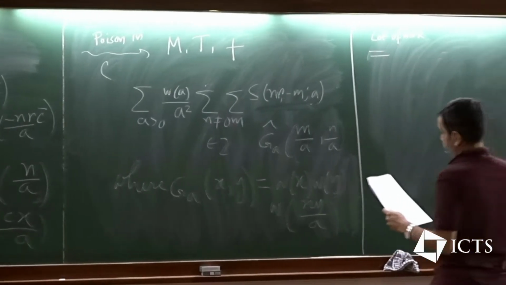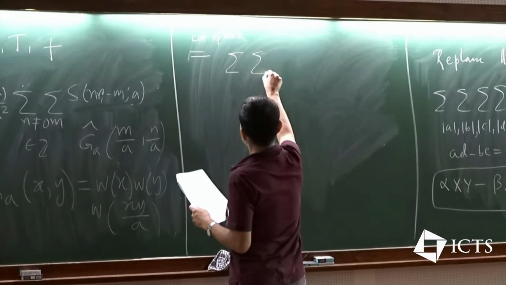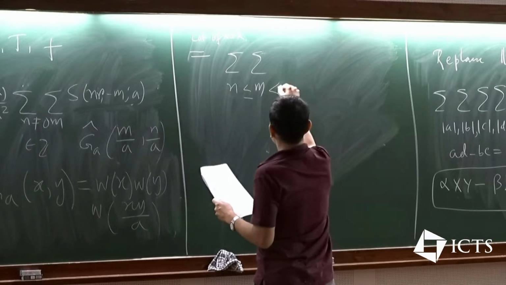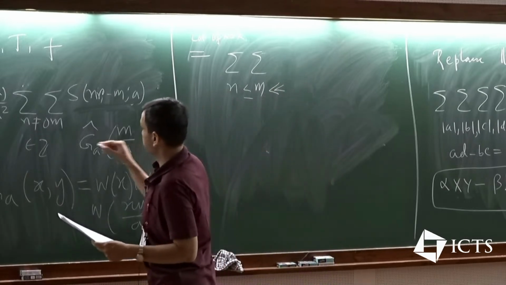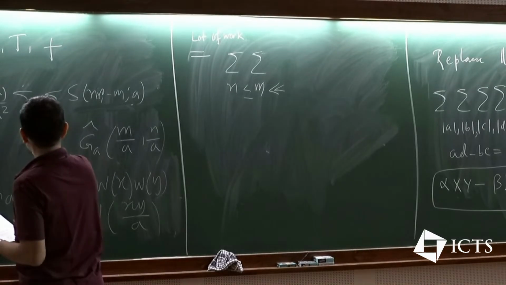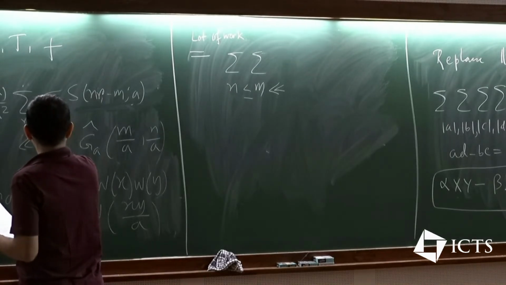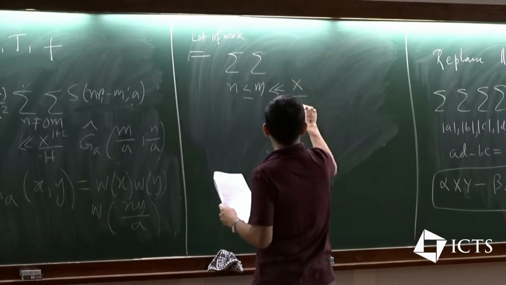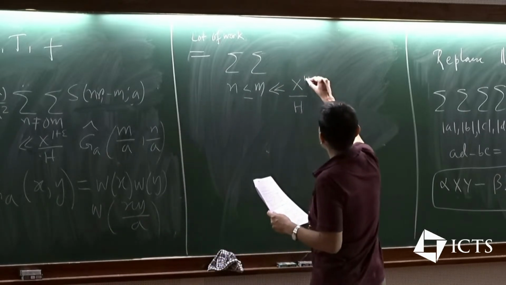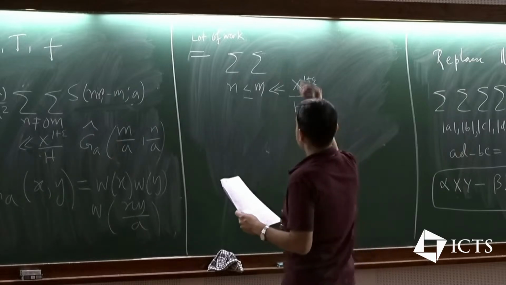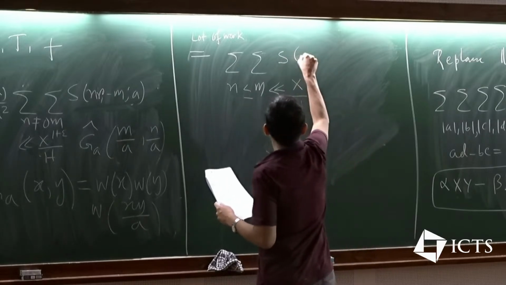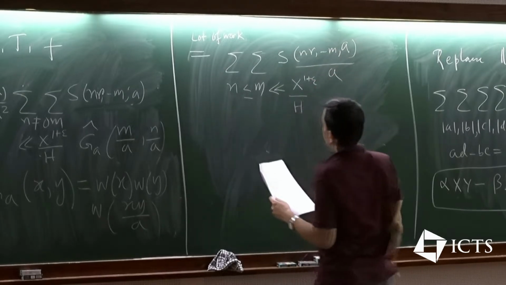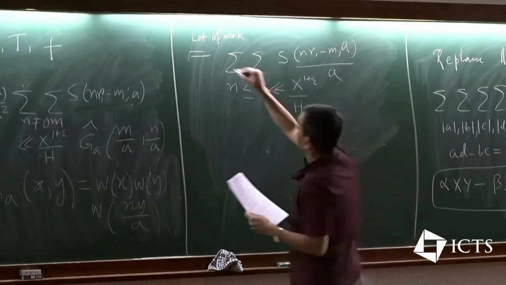And then you get n less than or equal to m. I forgot, sorry, this is x, but these are also up to x by h after Poisson. And yeah, it's n r minus m, A by A. There is x power 1 quarter.